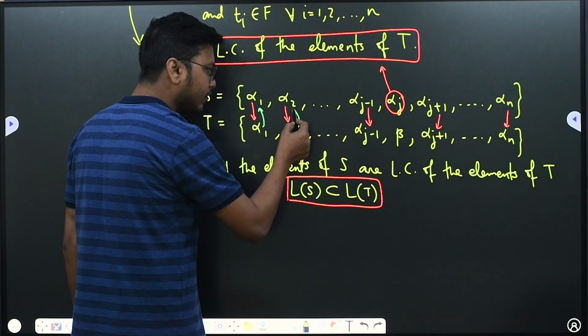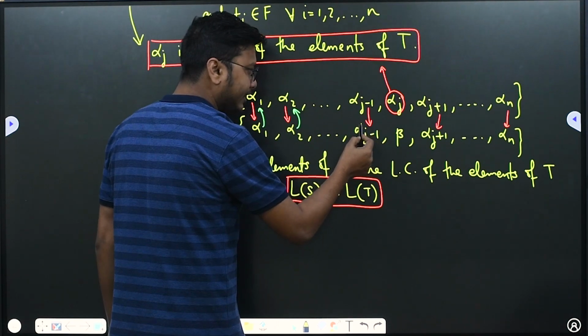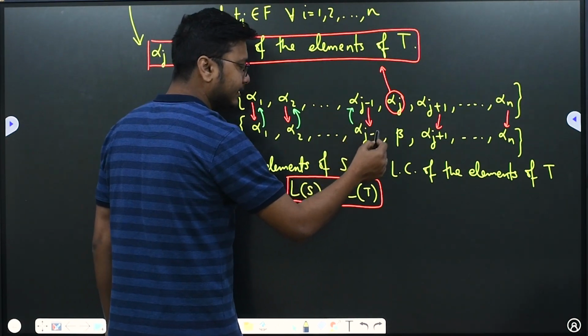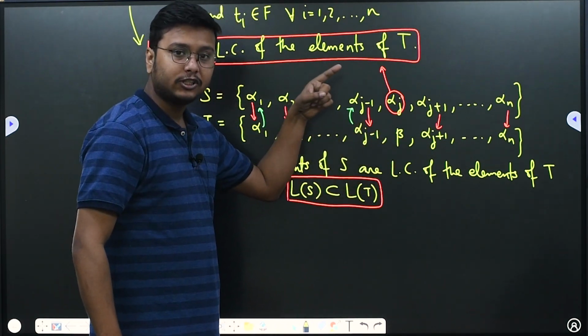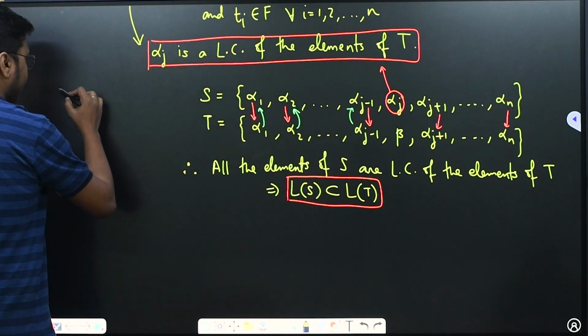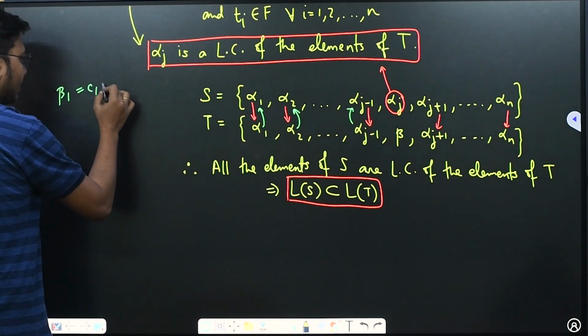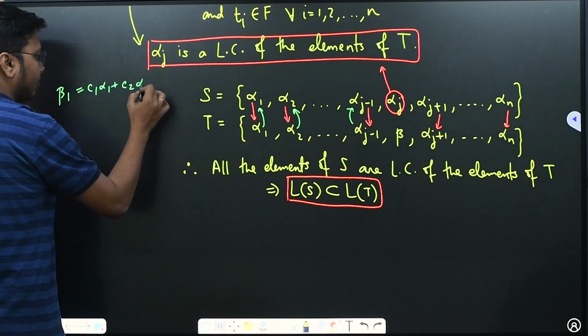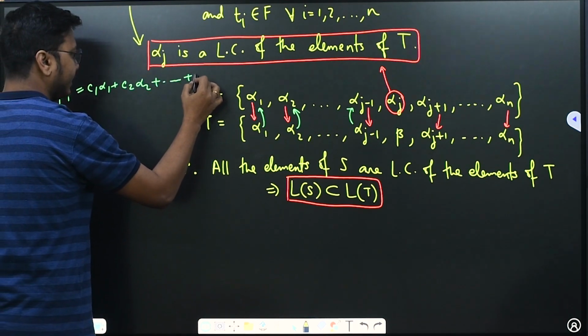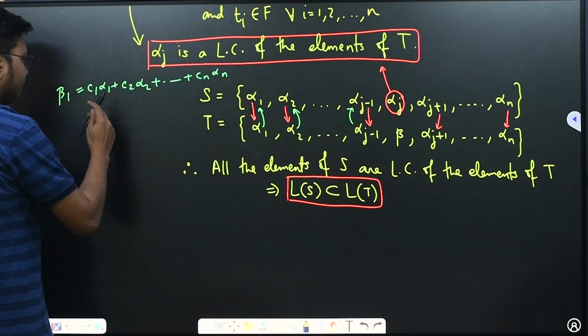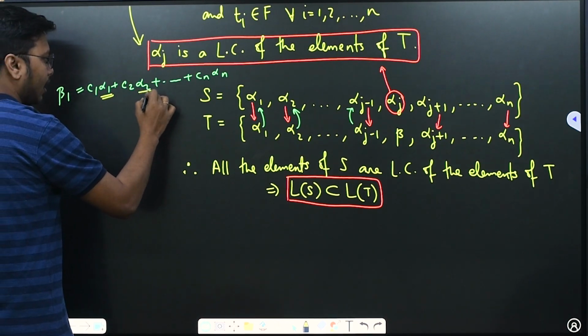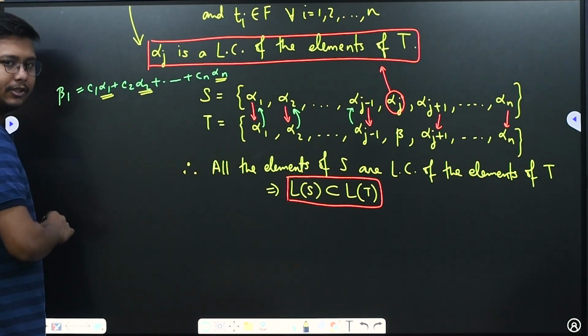Alpha 2 is a linear combination of S. Alpha j minus 1 is a linear combination of S. Beta, now what was beta? If you remember, beta was C1 alpha 1 plus C2 alpha 2 plus dot dot Cn alpha n. So the vectors here are alpha 1, alpha 2 up till alpha n, that means the elements of S.